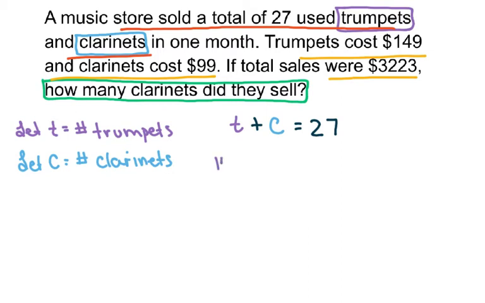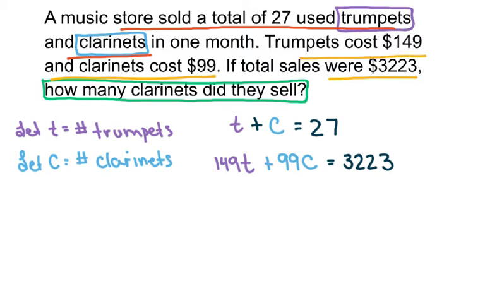That would be 149 times T, plus the cost of clarinets, which is 99, times the number of clarinets. And it's going to equal the total sales, which is 3,223. So you can see now I have my two let statements, I've got my two variables, and my two equations. So now we can work on answering the actual question.